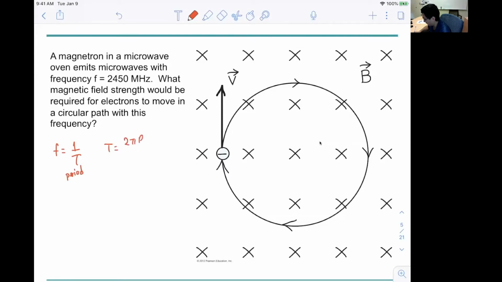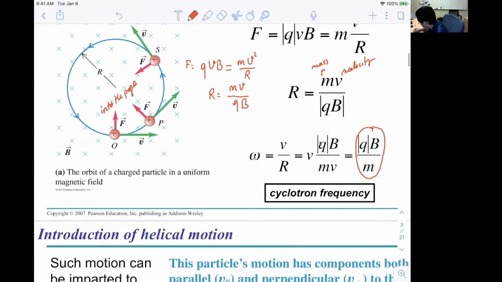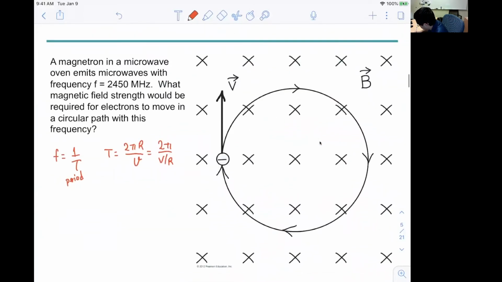2πr is the circumference, and you divide by the velocity, right? And actually this is 2π divided by omega, where omega is V divided by r. Let me remind you of this one: V divided by r is QB divided by m.